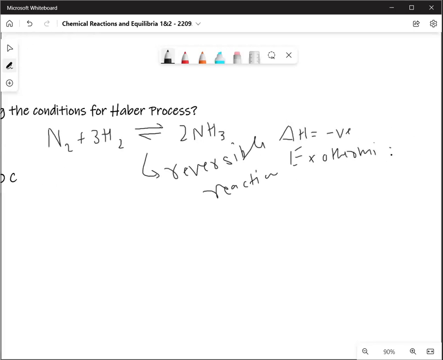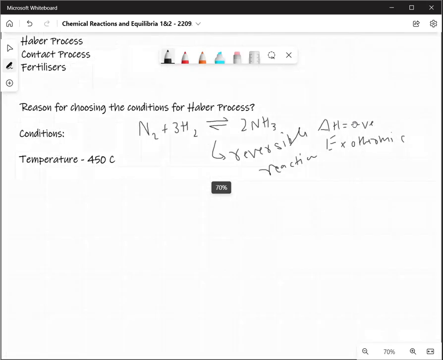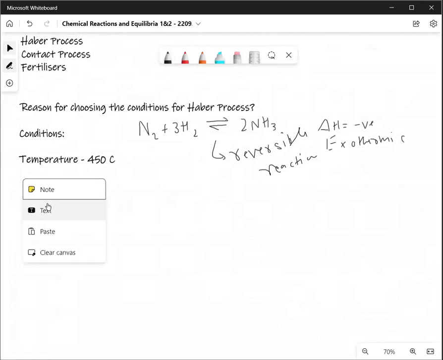Since I know that the Haber process has delta H negative, it is exothermic.